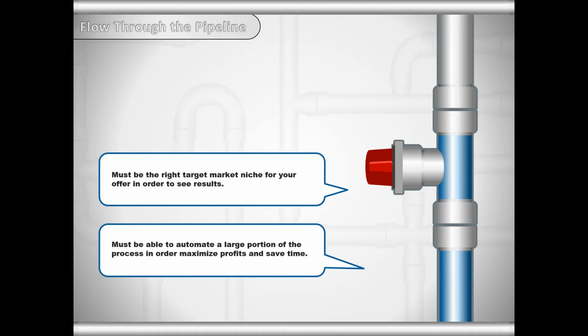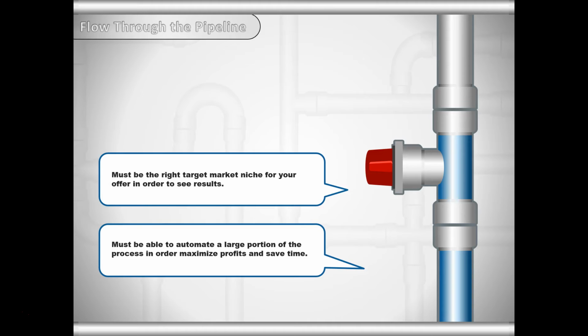portion of the flow is it must be the right target market niche for your offer in order to see results. As I mentioned earlier when we first started this, there is absolutely a correlation between the quality of your leads in terms of your source, how you get leads into your pipeline, and the quality that comes out of it.